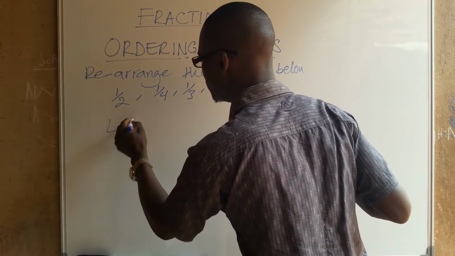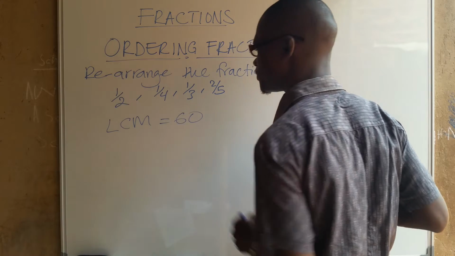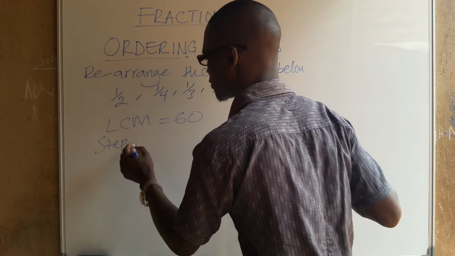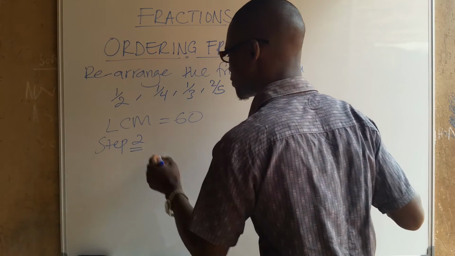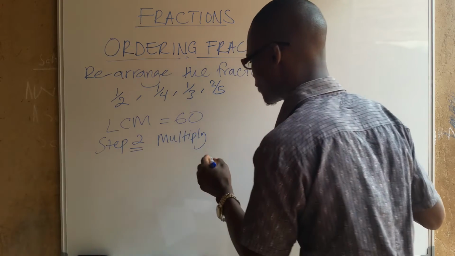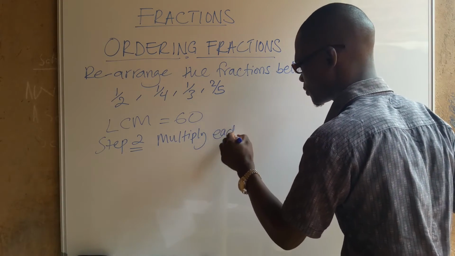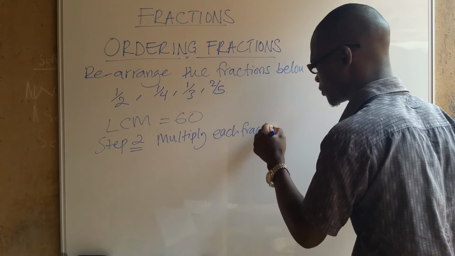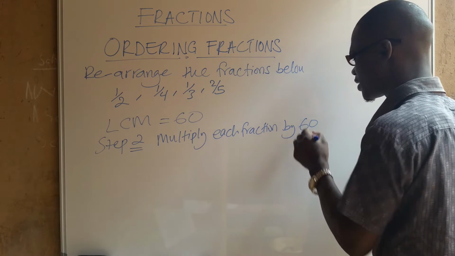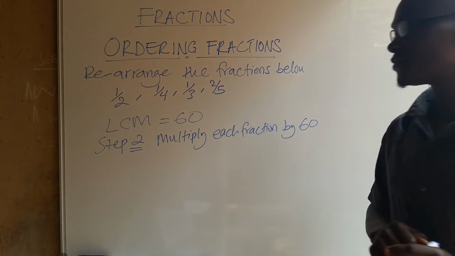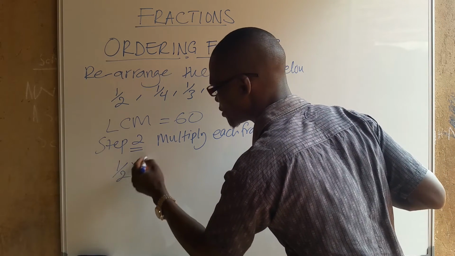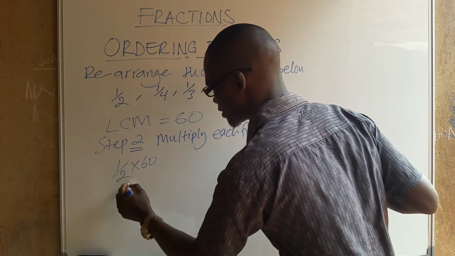So our LCM is 60. Now step 2. Multiply each fraction by 60, which is the LCM. That is to say, we shall have a half times 60, which gives us 30.